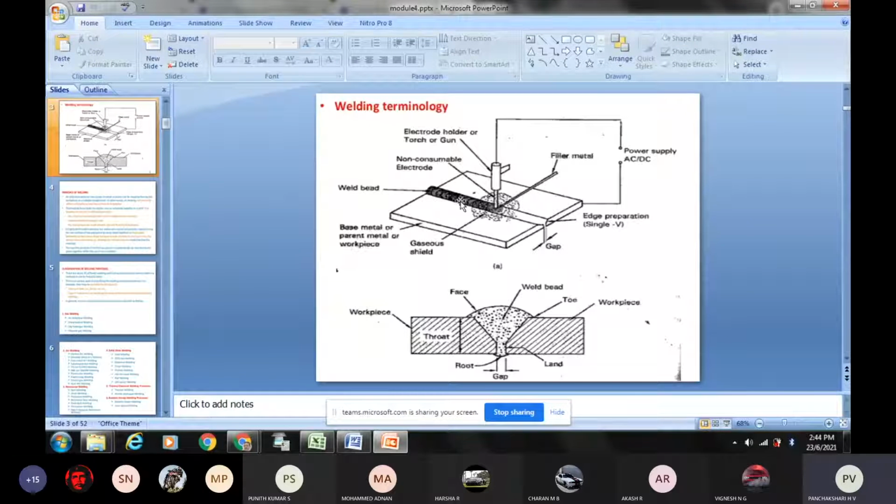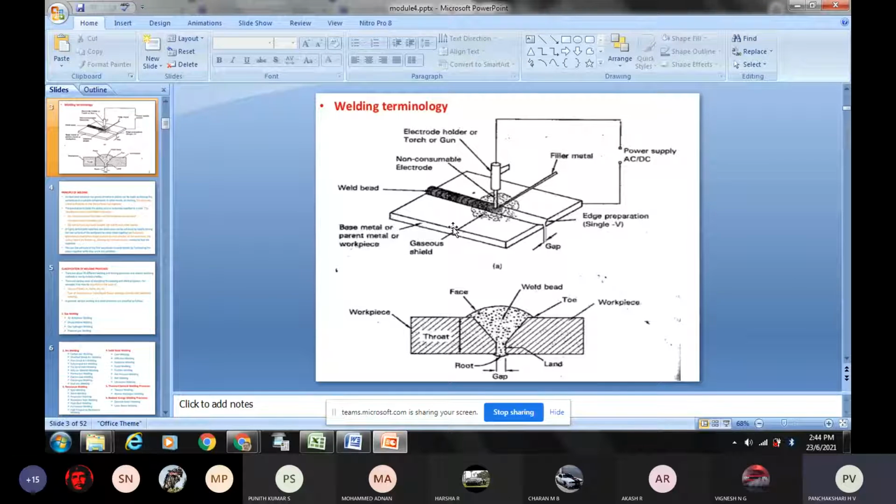You need to prepare the material for welding. Before going to a test, you cannot simply go; you have to prepare. Or before coming to college, you get ready and then come. Like that, before starting welding, we have to prepare the material suitably.